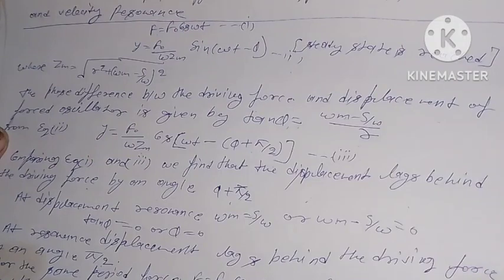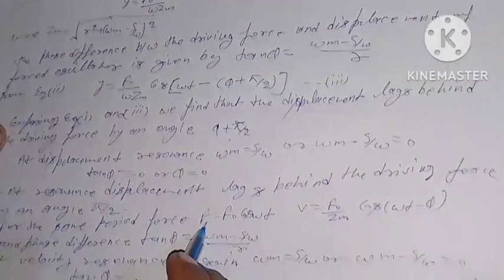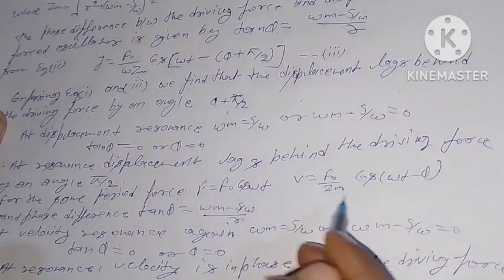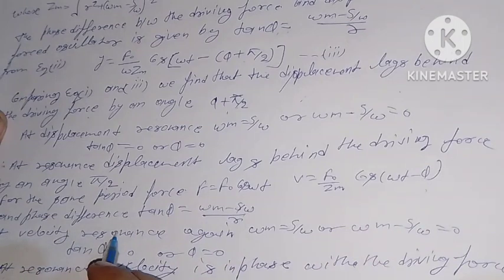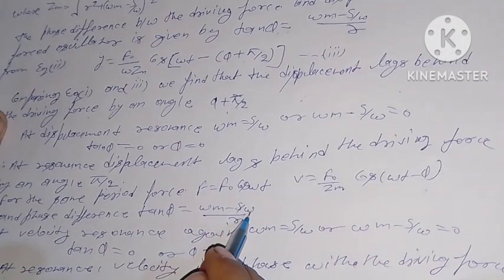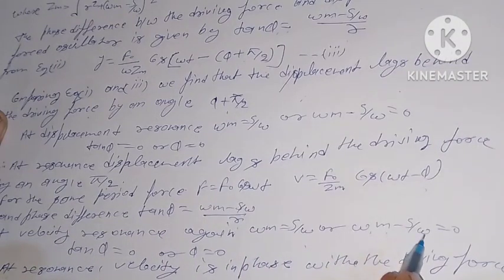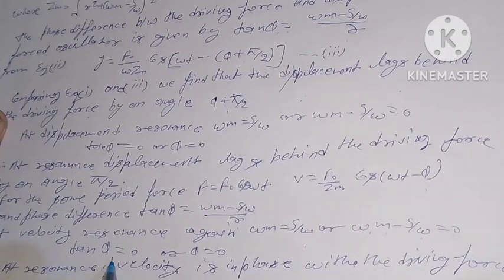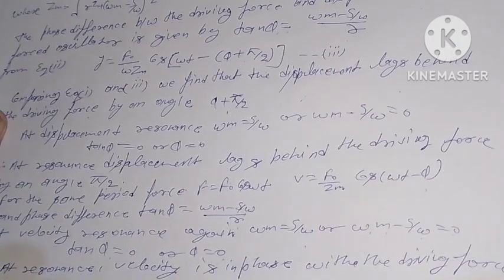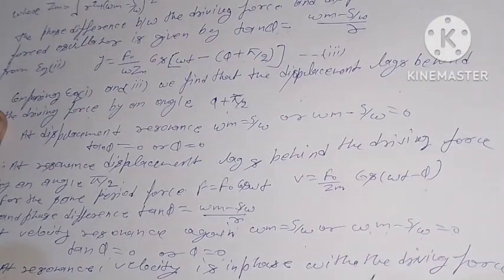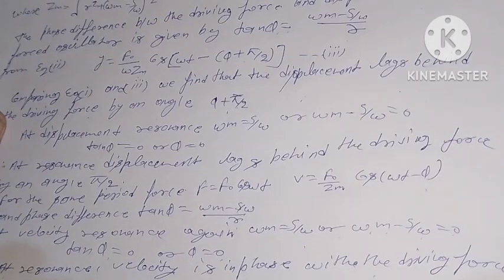For the same period, force F equal to F naught cos omega t, V equal to F naught by Zm cos omega t minus phi, and phase difference tan phi equal to omega m minus s by omega by r. At velocity resonance again, omega m minus s by omega equal to 0. Then tan phi equal to 0, or phi equal to 0. At resonance, velocity is in phase with the driving force.